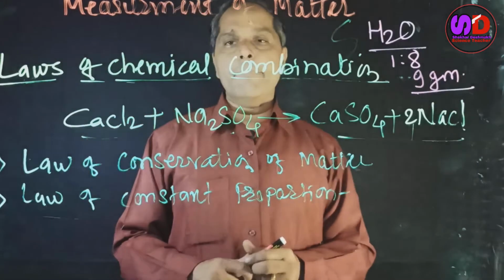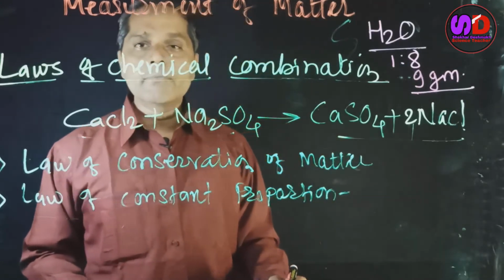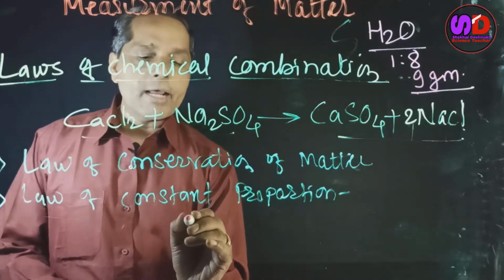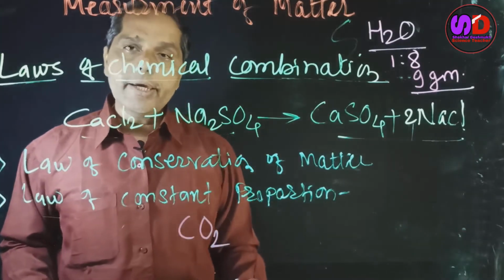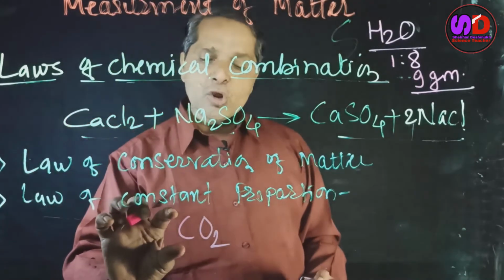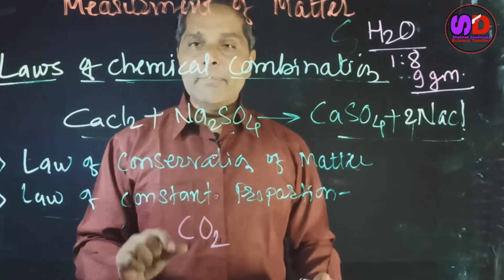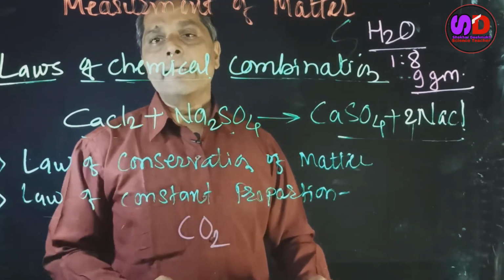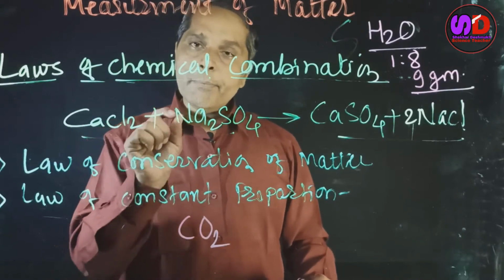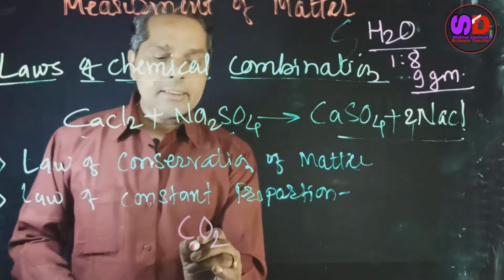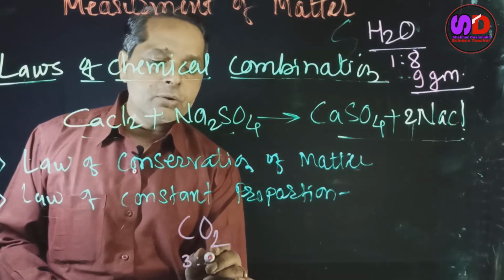Take one more example which is given in the textbook: carbon dioxide, CO2. Here the proportion by weight of the constituent elements, carbon and oxygen, is constant and it is 3:8.